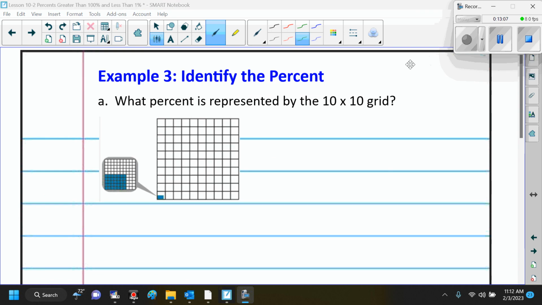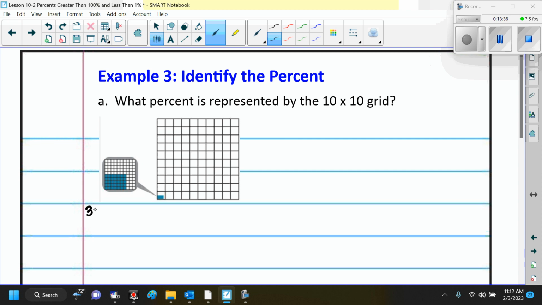So example 3 is identify the percent. Here we want to know what percent is represented by the 10 by 10 grid. So remember, it's this much of 1%, right? So what is represented in that little blow up right there? There are 35 out of 100, right?